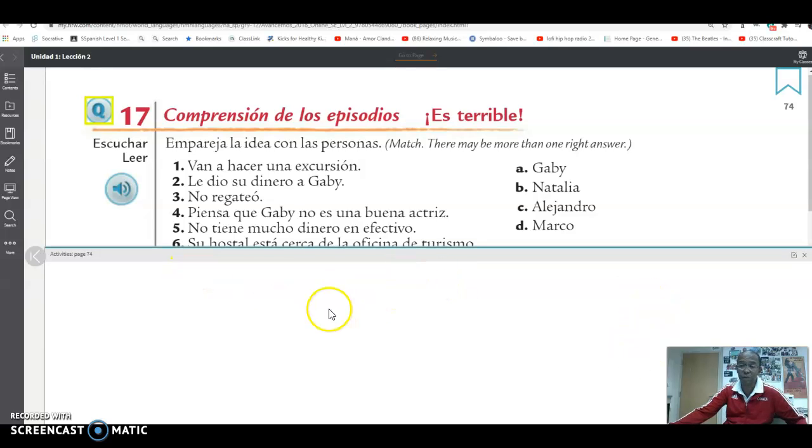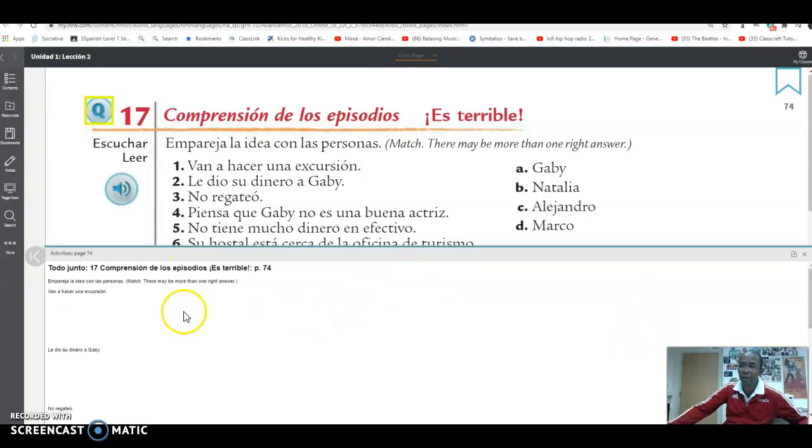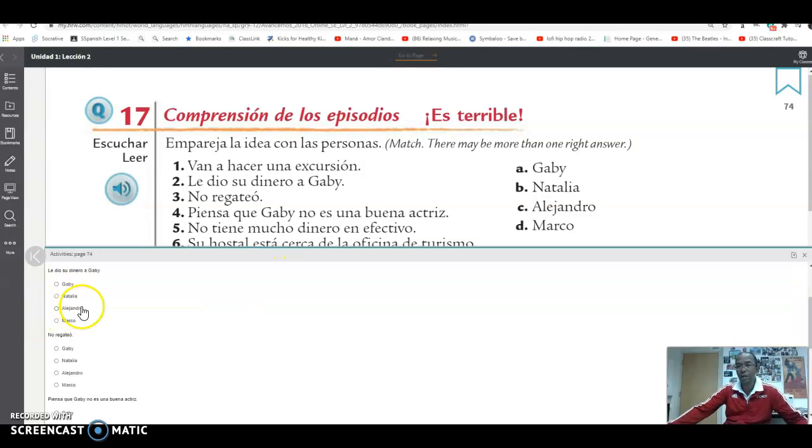Or if it's only one person that is doing that activity, then you just select, van a hacer una excursión. Who's doing an excursion? Well, I think it will be Gaby and Alejandro. Oh, Gaby. Which one? Okay. So next one, le dio su dinero. Bueno, la primera es Gaby y Marco, right? Número uno.